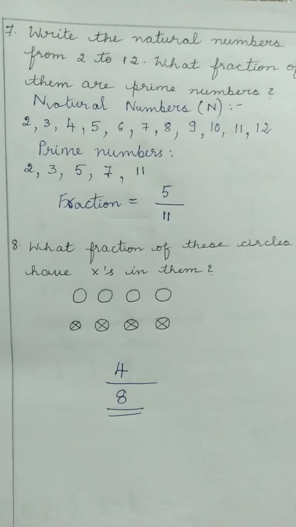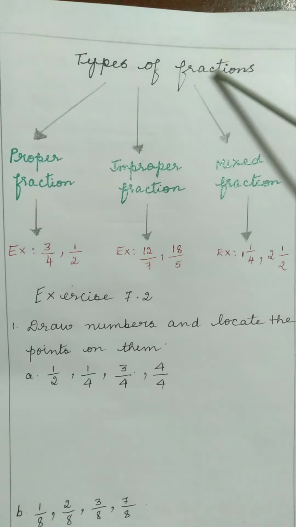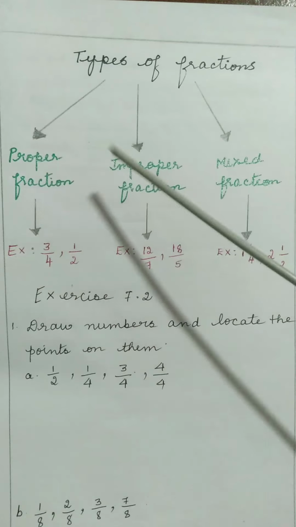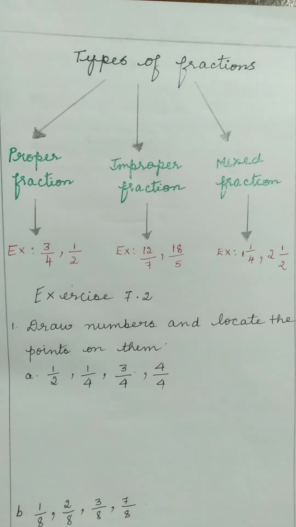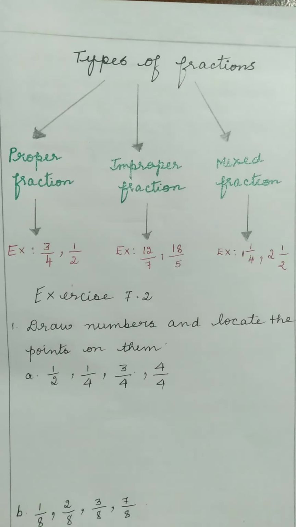The next topic we are going to study in the chapter fractions is types of fractions. There are mainly 3 types of fractions, and those are proper fraction, improper fraction and mixed fraction.